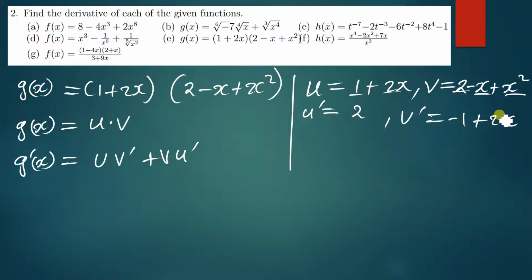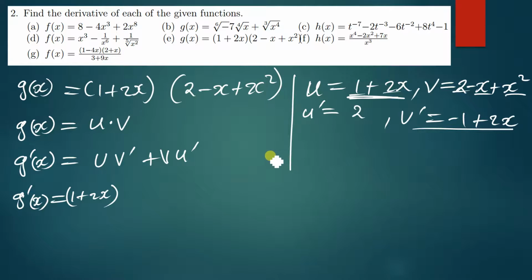So g prime of x is equal to u, which is simply this part here, 1 plus 2x, and then v prime is this other part, negative 1 plus 2x.